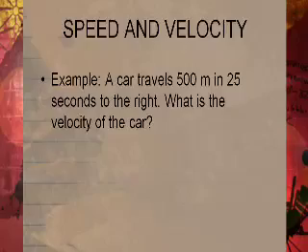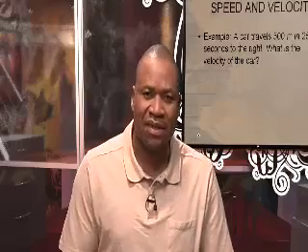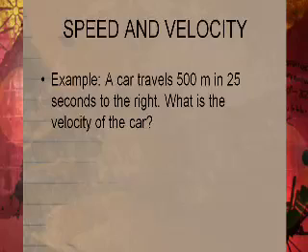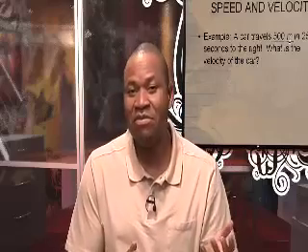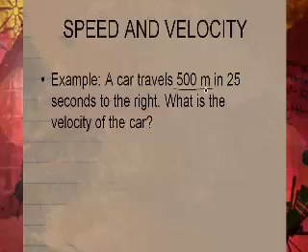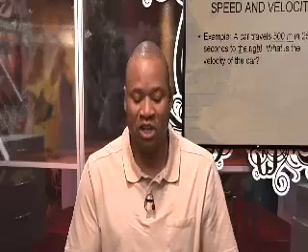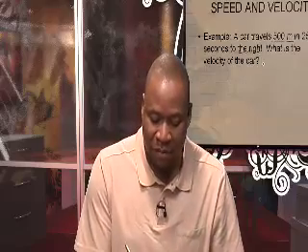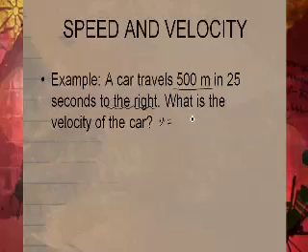Now let's have a look at this example quickly. A car travels 500 meters in 25 seconds to the right. What is the velocity of the car? Exactly the same question as the previous one, but this time it tells you it is going to the right. There is an element of direction here. So you will calculate your velocity as change in x, because it's along the horizontal, divided by the change in time.